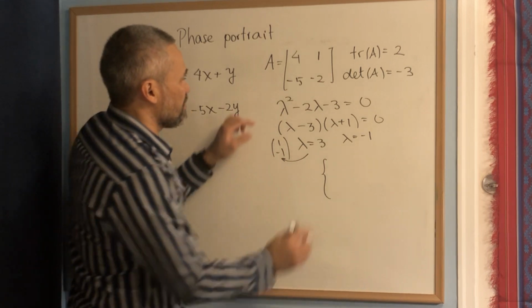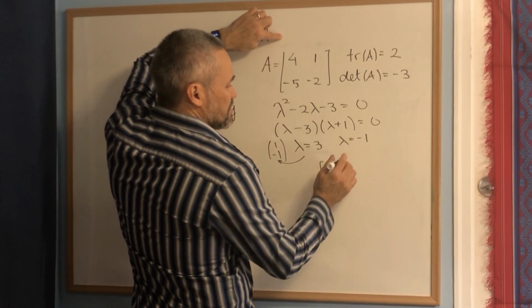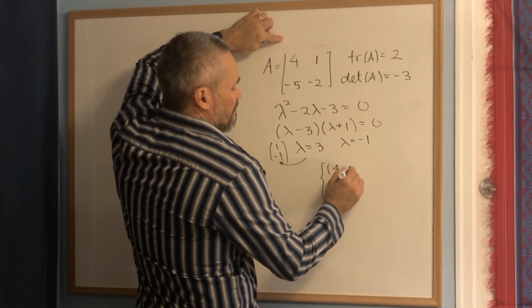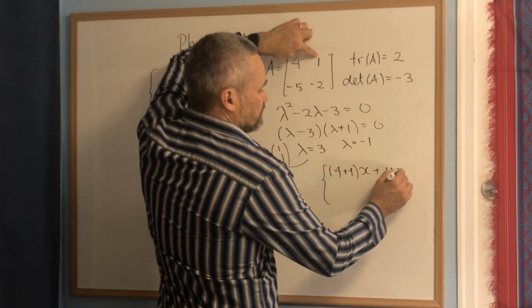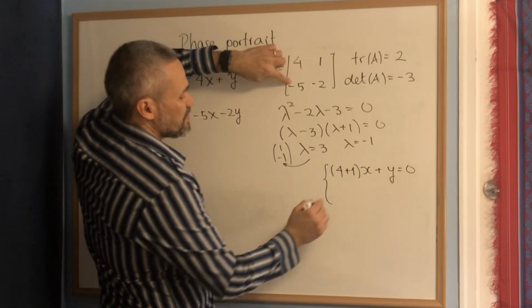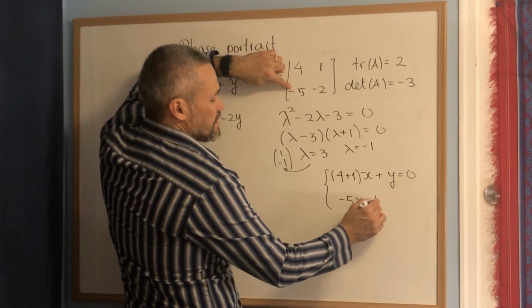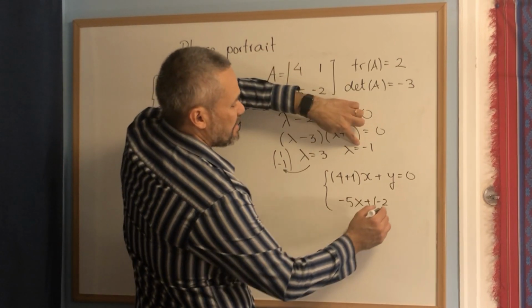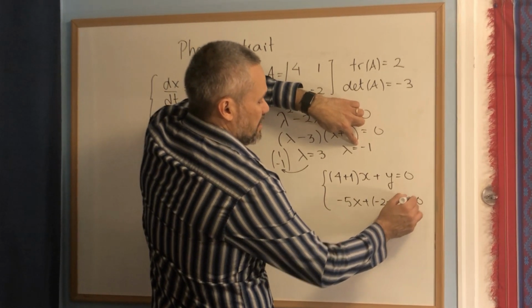To compute the other eigenvector for lambda equal negative 1, we solve this system of equations. We do 4 minus lambda, 4 minus negative 1 is 4 plus 1, times x plus 1 times y equals 0. Negative 5x plus negative 2 minus lambda, which is plus 1, times y equals 0.